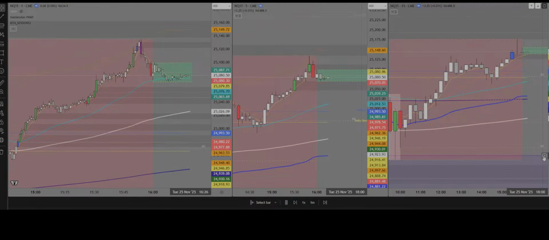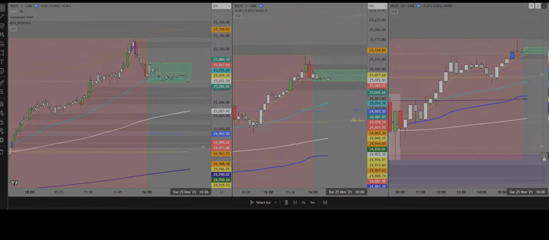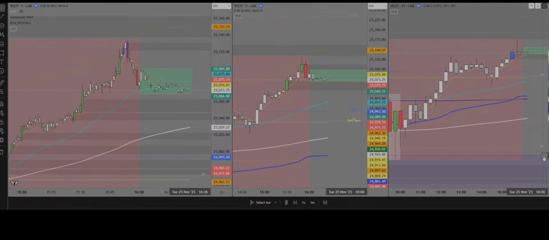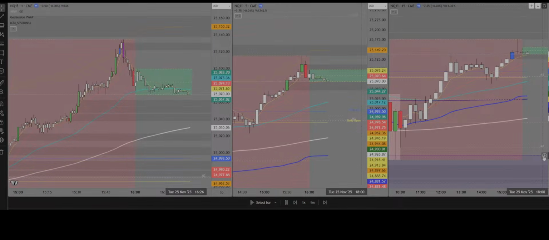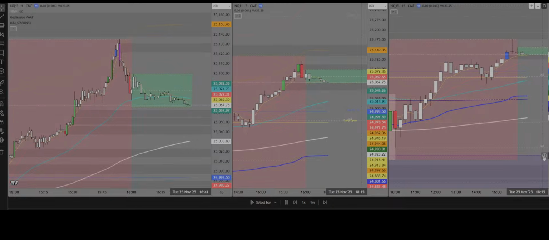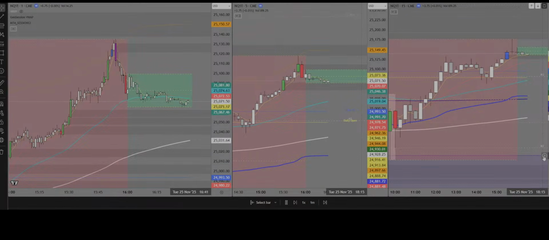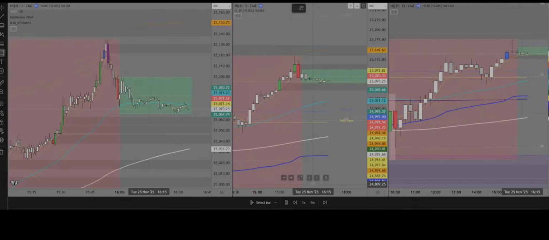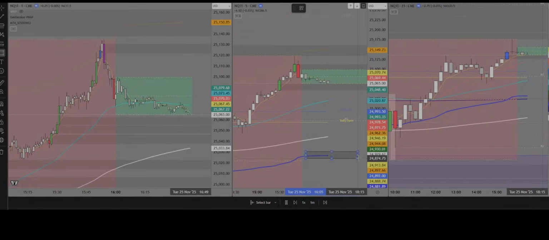Sydney's always so slow. You'd think that now that we're pushed up away from the 50 EMA on the 15-minute, we'd come back to that. And then look how far we are from the VWAP.